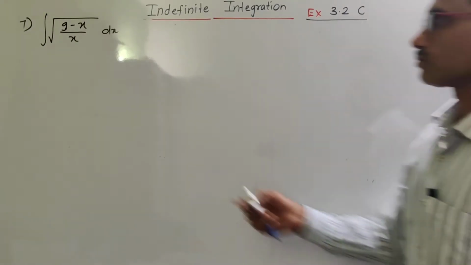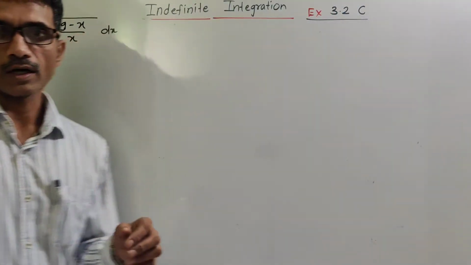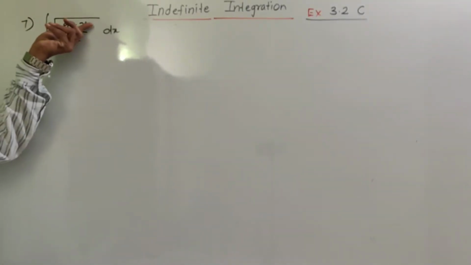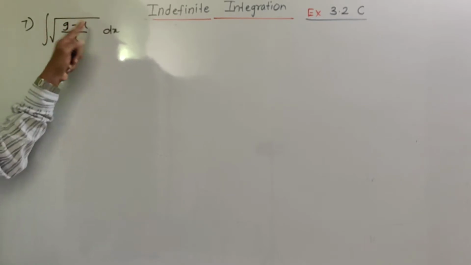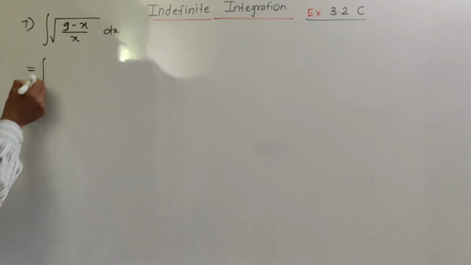Question number 7: integral of root of 9 minus x upon x dx. Again we simplify it; we will write the numerator in the form px plus q. So multiply numerator and denominator by root of 9 minus x inside the integrand.